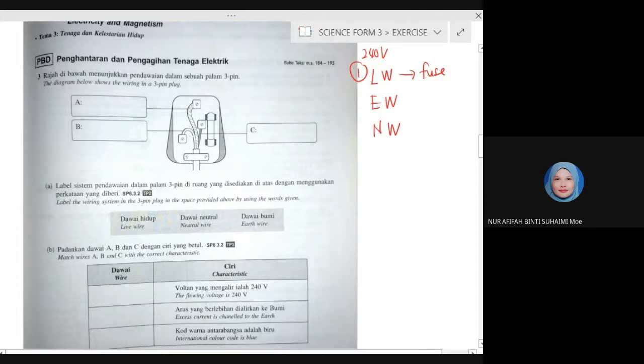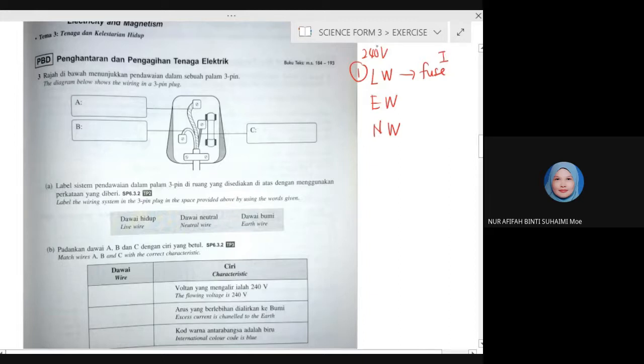If accidentally the current flows more than 240 volts, what happens? The main circuit breaker will drop off. It will break down. That is the function of the fuse, control the current flow. Okay, so don't get confused. Fuse controls current flow. I is the symbol for current.